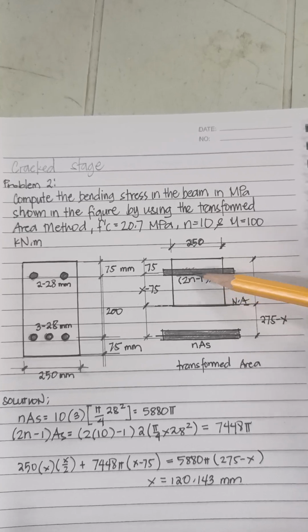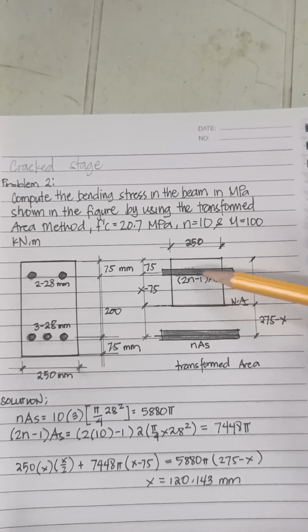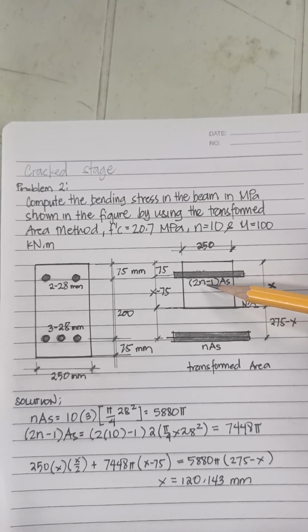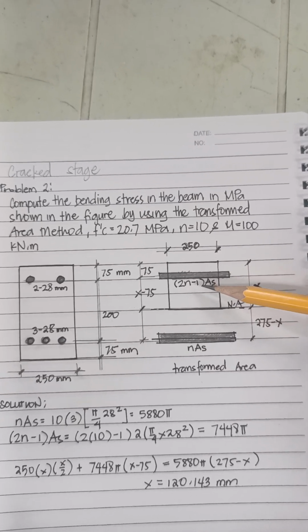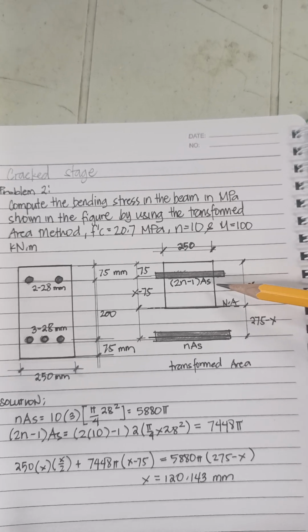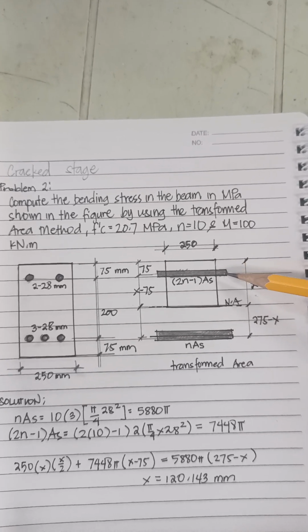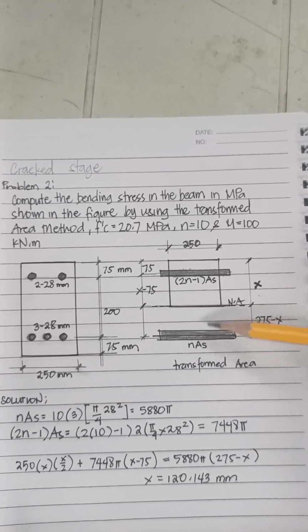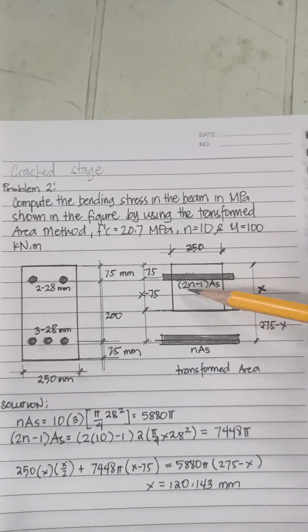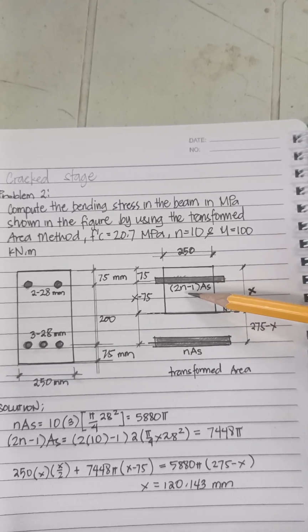According to the theory behind this, the compression steel in the long run will be stressed twice as much as the tension steel. So it becomes 2n. The question is, why is there a minus 1?